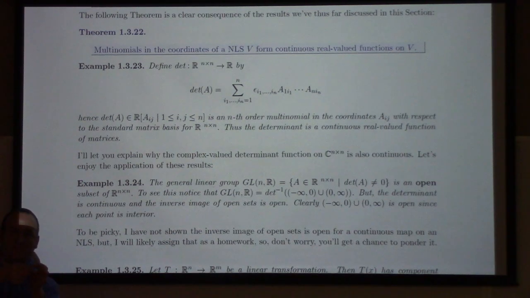In other words, every invertible matrix is interior to the set of all invertible matrices. You can't take an open neighborhood around an invertible matrix and somehow get a bunch of singular matrices in your neighborhood. Unless, well, if your neighborhood's too big, I guess you could do that.